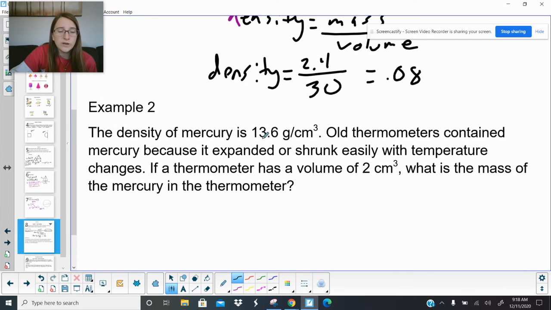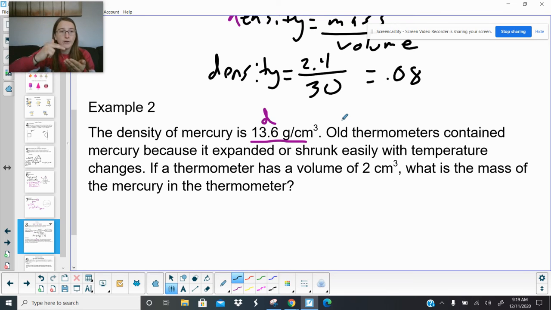The density of mercury is 13.6 grams per cubic centimeters. So the density of mercury is, this is density. Think about that for our formula. Now, old thermometers, if you guys didn't know this, really old thermometers, like from the 90s and earlier, contained mercury because it expands or shrinks really easily with temperature changes.